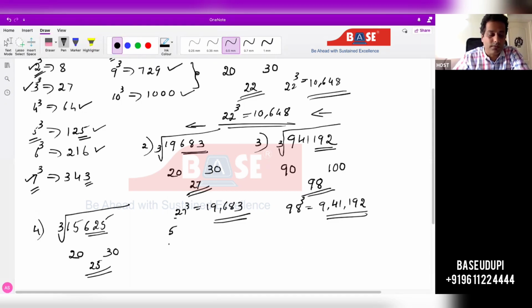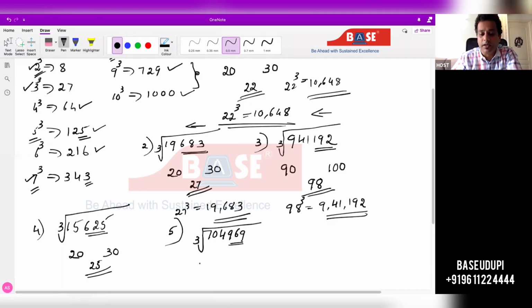So the fifth one, for a change, say 704969. Now 704969, first step, right to left, skip the last 3 digits. What is left out? 704. 704 is between which two cube numbers?